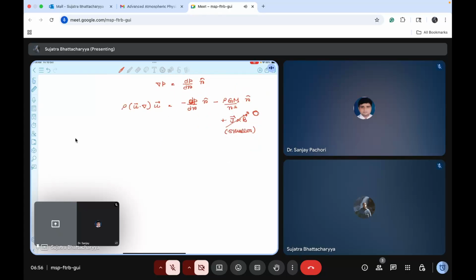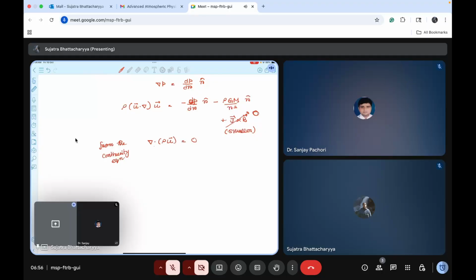So those two will ultimately result in the solar wind acceleration. Okay, what else? From the continuity equation, what do we have? Steady state continuity, so del dot rho u is equal to 0.